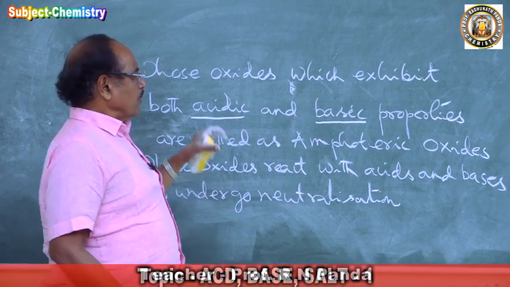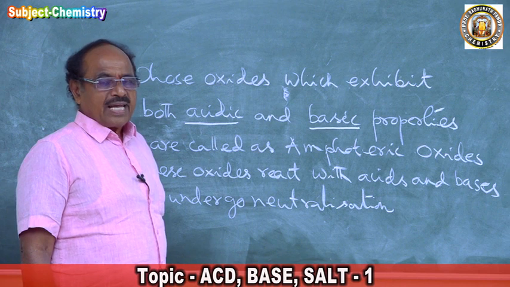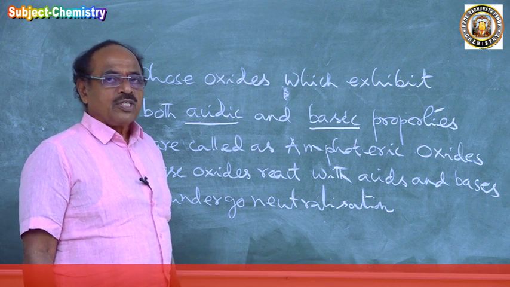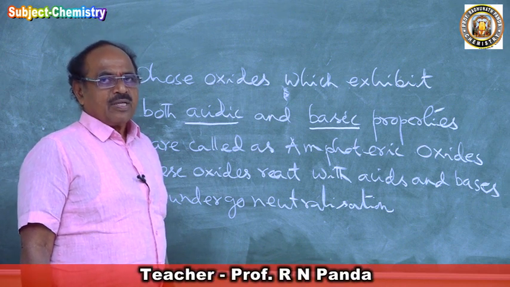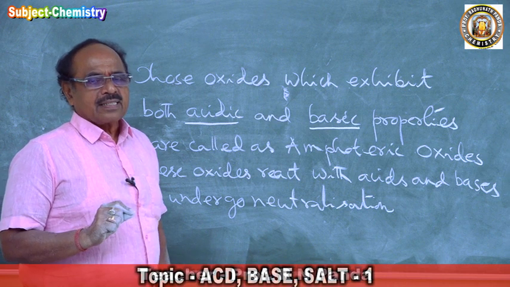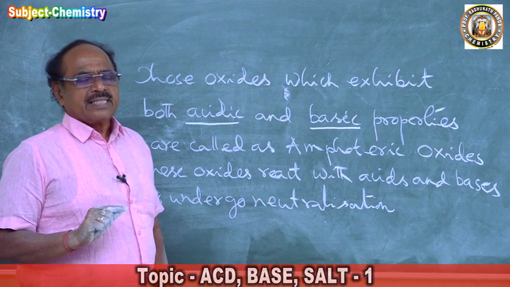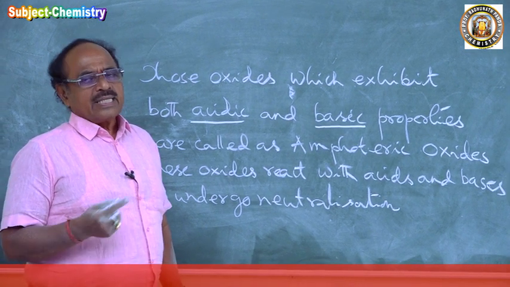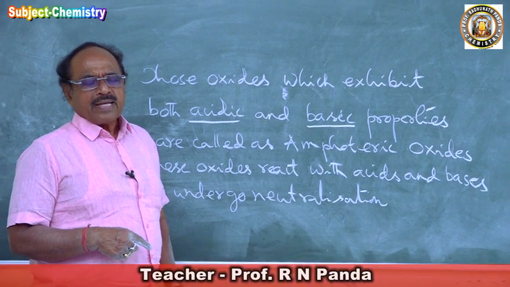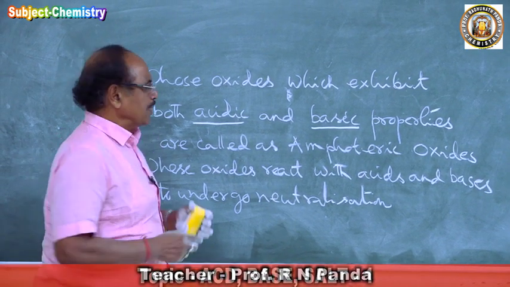Now when you come to aluminium, it reacts with oxygen to form aluminium oxide. This aluminium oxide has the character to react with acid and also to react with base. It reacts with acid, so it exhibits basic property. It reacts with base, so it also exhibits acidic property.